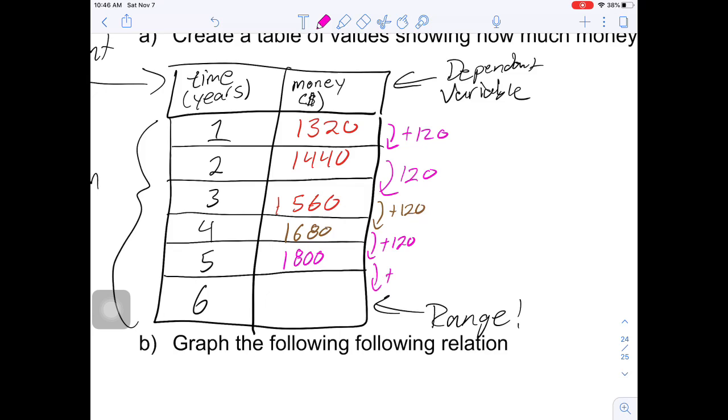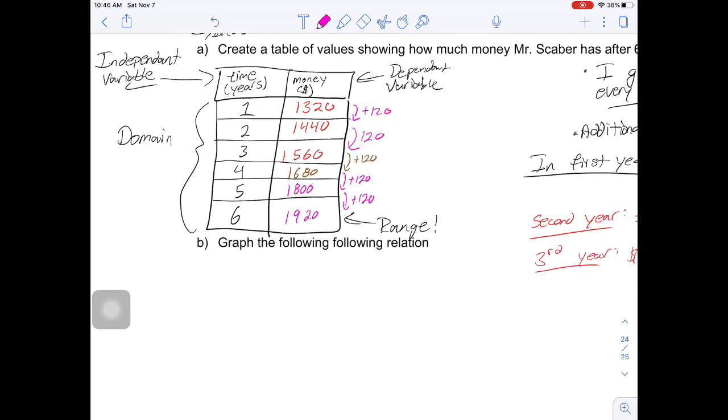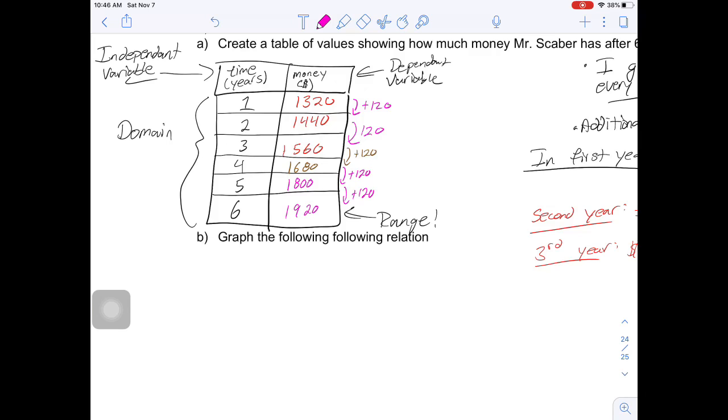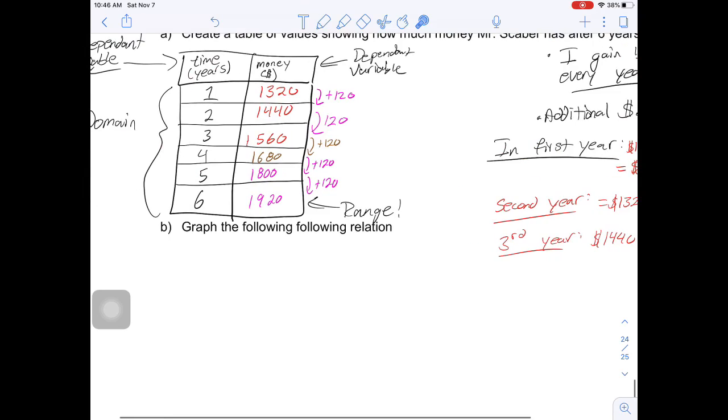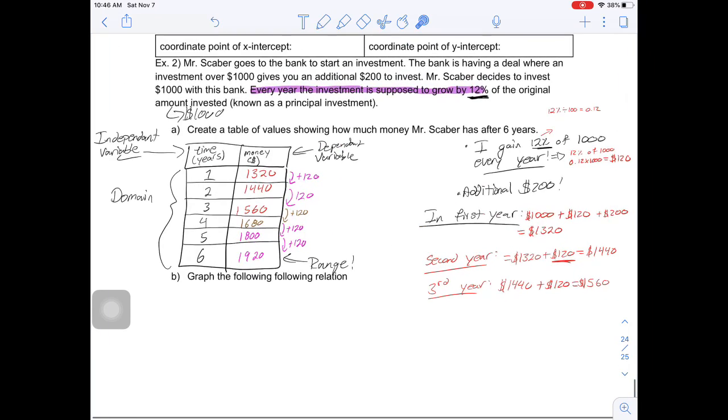And finally, to get to our final range value, 1,800 plus 120 gives me $1,920. So now we have a table of values. We can see this is linear because we would just keep adding 120 every year. It ends off with $1,920, so after 6 years, we almost doubled the amount that we started with, which is an okay investment.